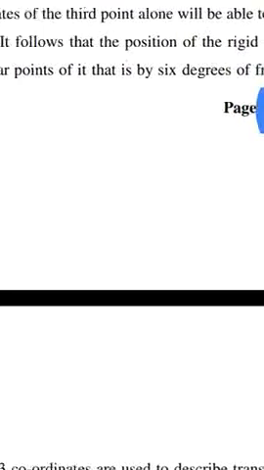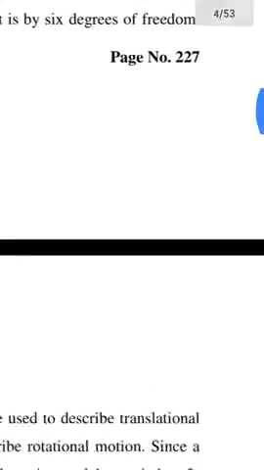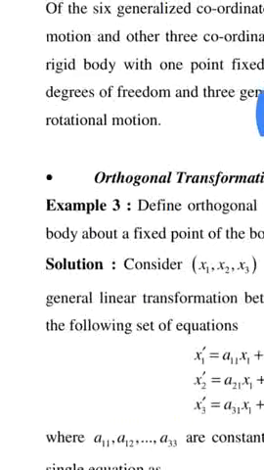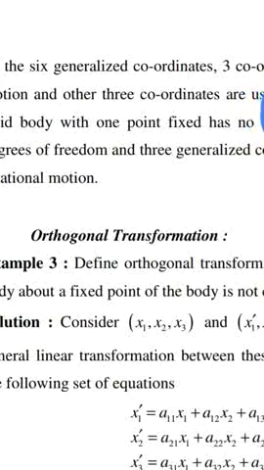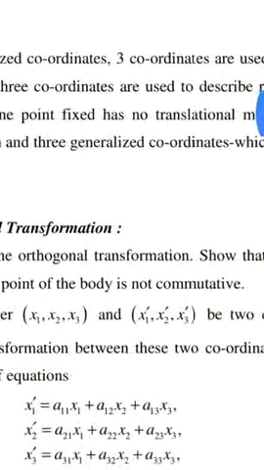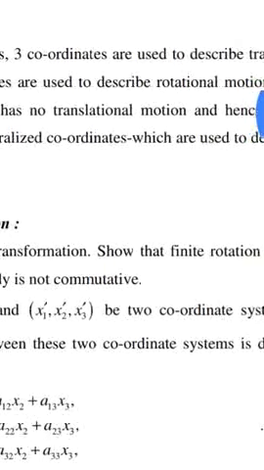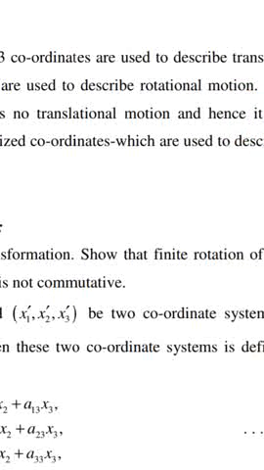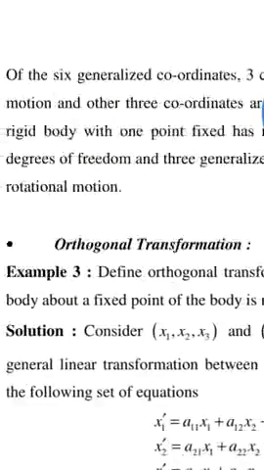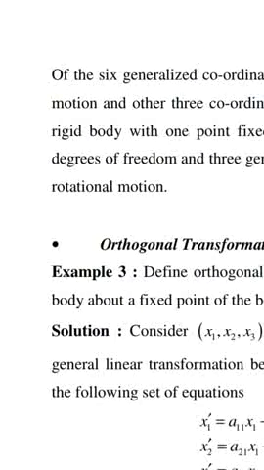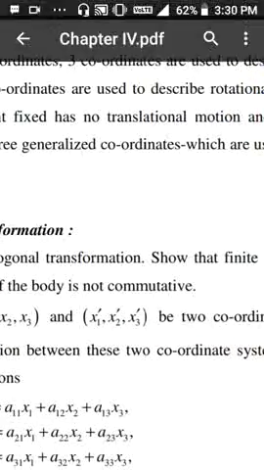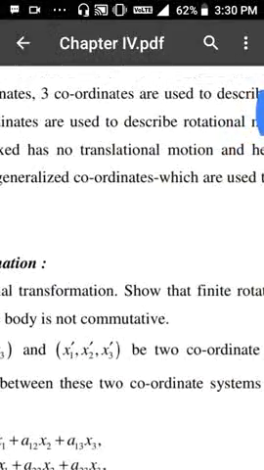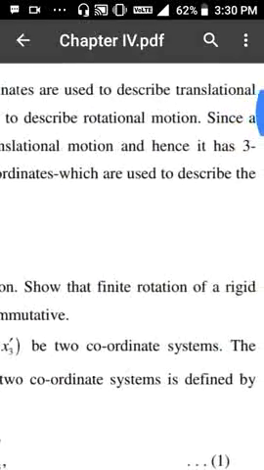This is described by 6 degrees of freedom, or 6 generalized coordinates. 3 coordinates are used to describe translational motion and the other 3 coordinates are used to describe rotational motion.